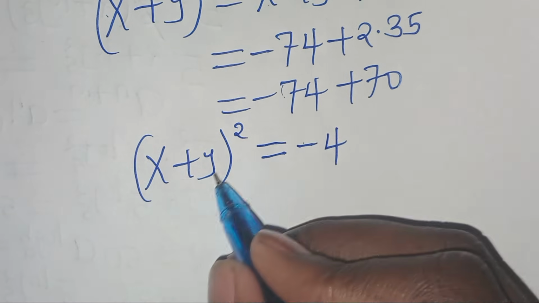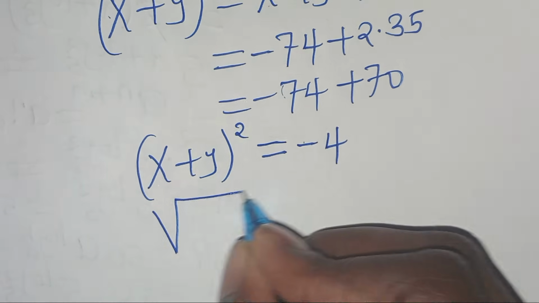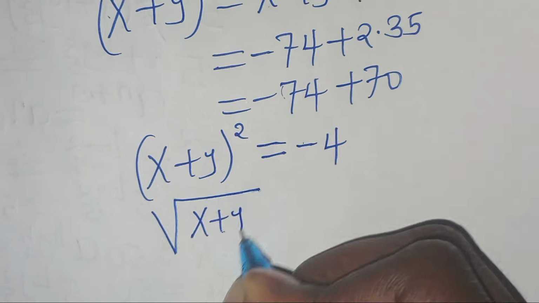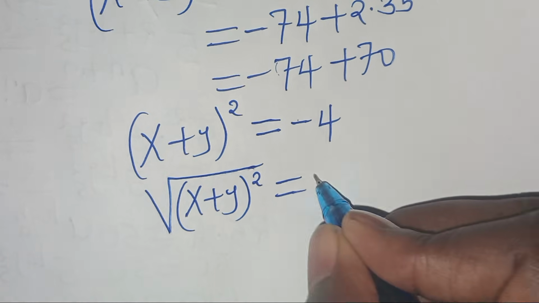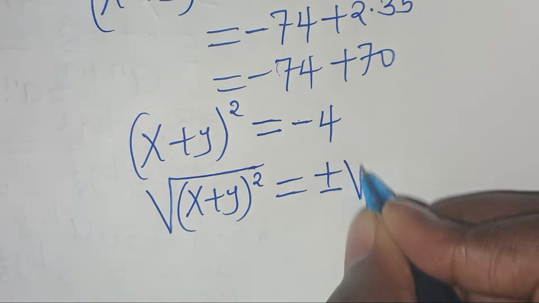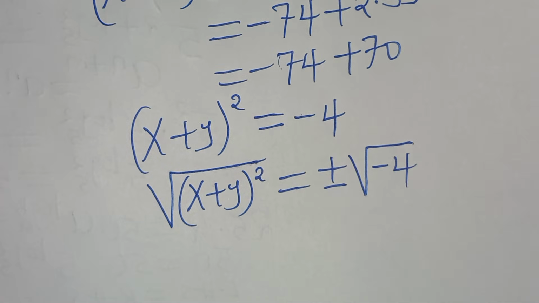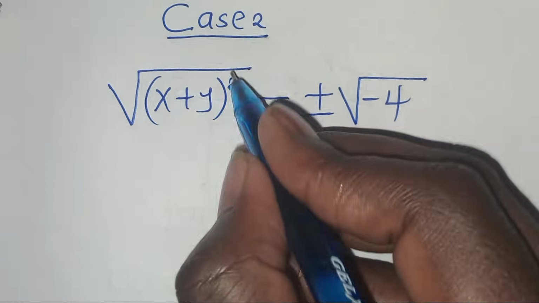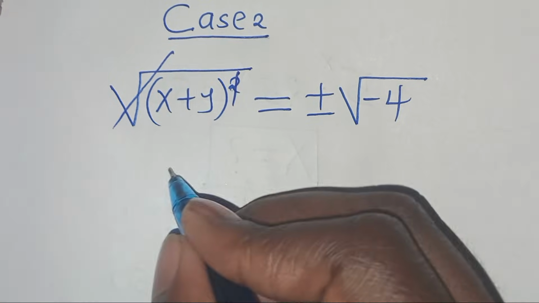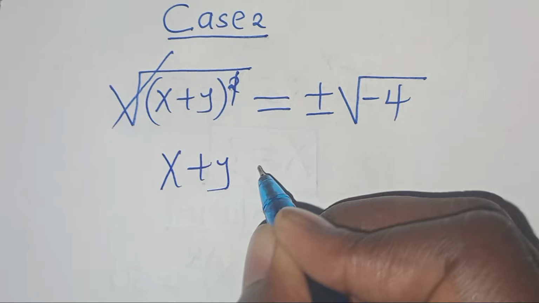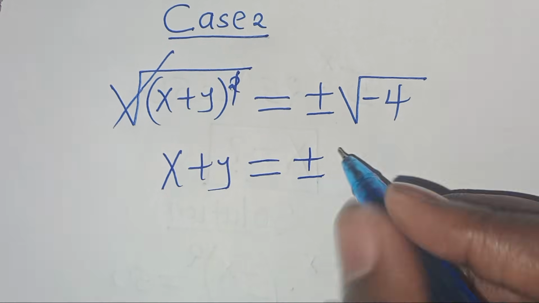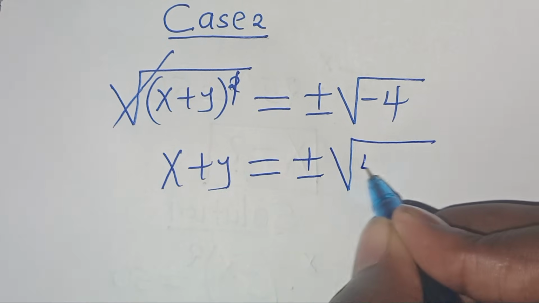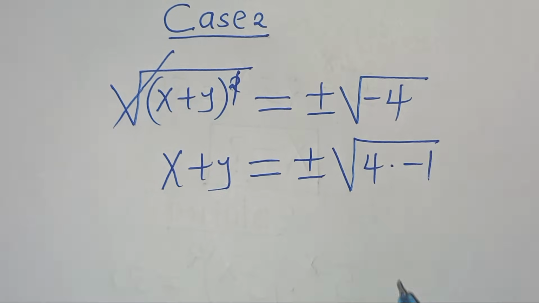So to solve for x plus y here, let's introduce a square root. The square root of x plus y raised to the power of 2 is equal to plus or minus the square root of negative 4. Now let's eliminate the square root sign, so that x plus y is equal to plus or minus the square root of minus 4. This is the same thing as the square root of 4 times minus 1.